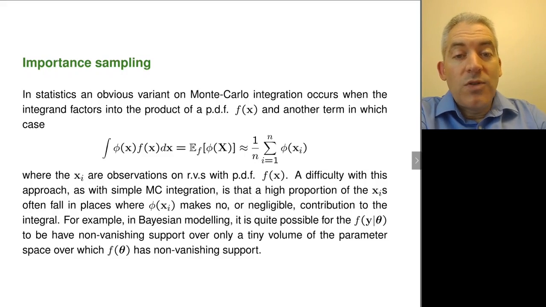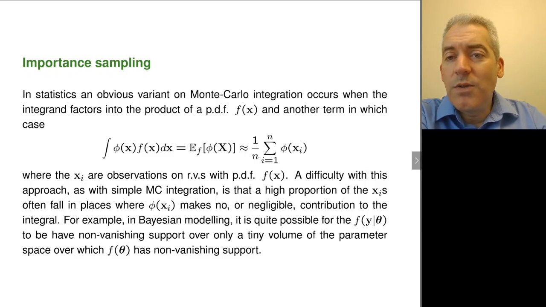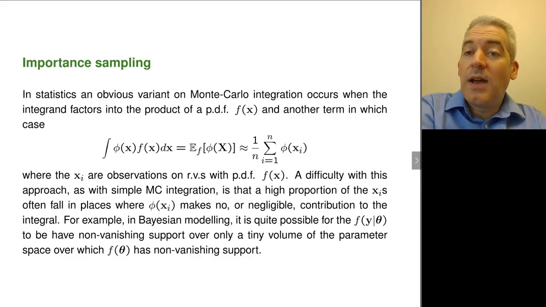However, it doesn't always work well. Okay, so in many cases it does work well, and we'll see an example later actually where it does work pretty well. But the problem is that if your f of x and phi of x are very different functions, so they have appreciable mass in different places, then this approach is not going to work very well, because you're going to generate lots of values where f has appreciable mass, and if they are not the places where phi has appreciable mass, then they're not going to be really contributing very much to the integral, and really you want to be generating points where phi does have appreciable mass.